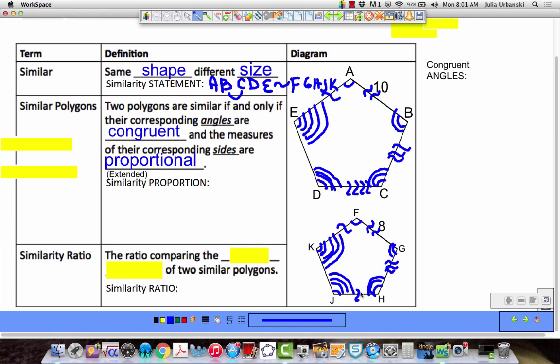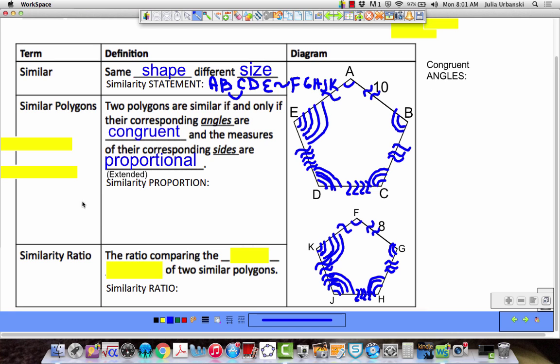It'll be hard to fit 4 in here, but I'm obviously going to have to squish them in, but there's 5 marks right there. Do you get the idea? Instead of putting congruent marks where two sides are the same, you put similarity marks where two sides are proportional, they go together.